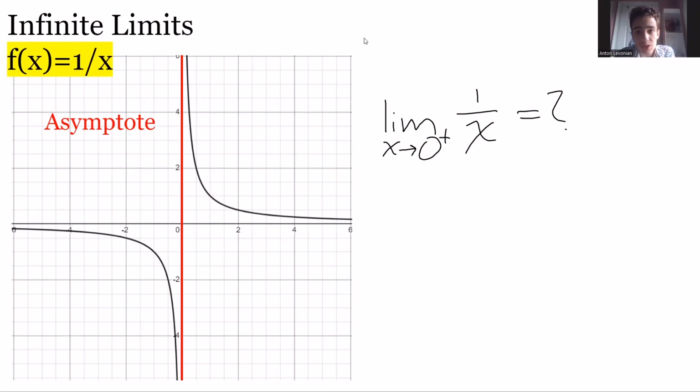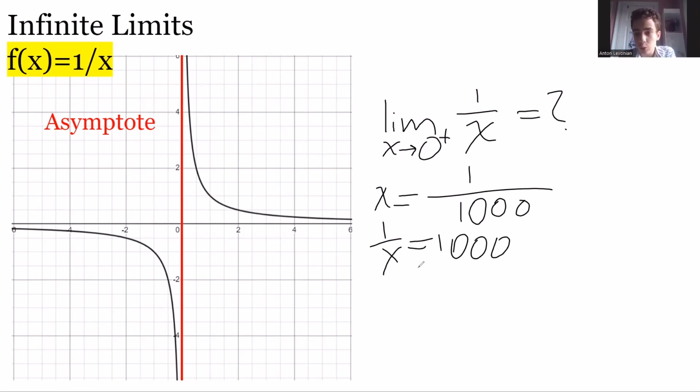Again, we will use the same principle of considering values very, very close to our desired value. Say x is equal to 1 over 1,000. That's a value that's pretty close to 0. If we take its reciprocal, 1 over x is 1,000.